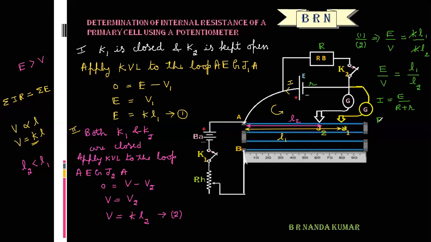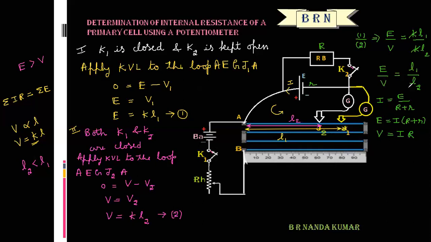So EMF of the cell is I of R plus r, and the terminal potential difference across the cell, that is V, is equal to I into capital R. This is according to Ohm's law applied to a closed circuit. So that is why EMF is always more than the terminal potential difference.